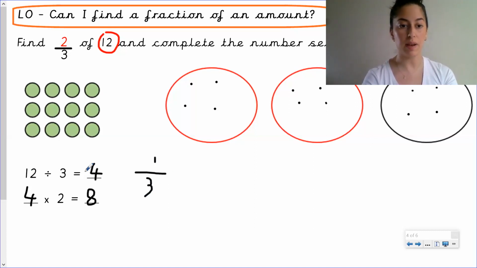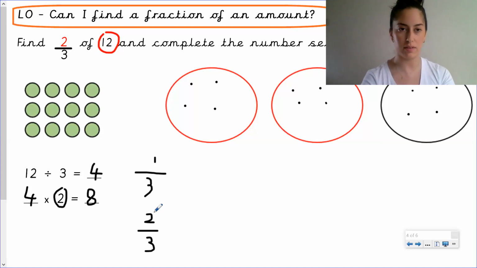And then we multiplied it by 2 to find 2/3. So this calculation here, the division shows that we're trying to find 1/3, and the multiplication times 2 shows that our numerator was 2.